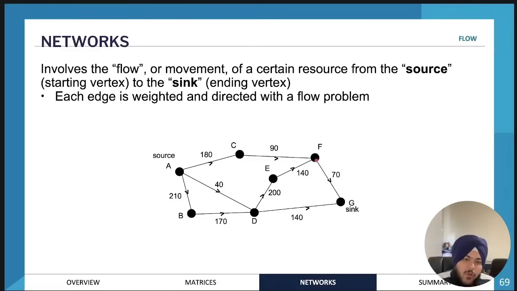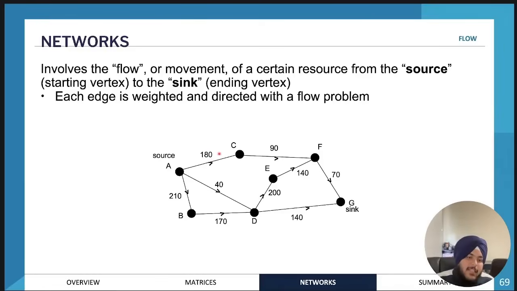And then from there, only 70 can pass through this pipe. So this is a way of calculating the maximum flow. That's what you'll be using these types of graphs to calculate. So maximum flow is overall what is the maximum flow of water that we can get each second. The requirements are that it must be less than the total of the pipes leading from the source.